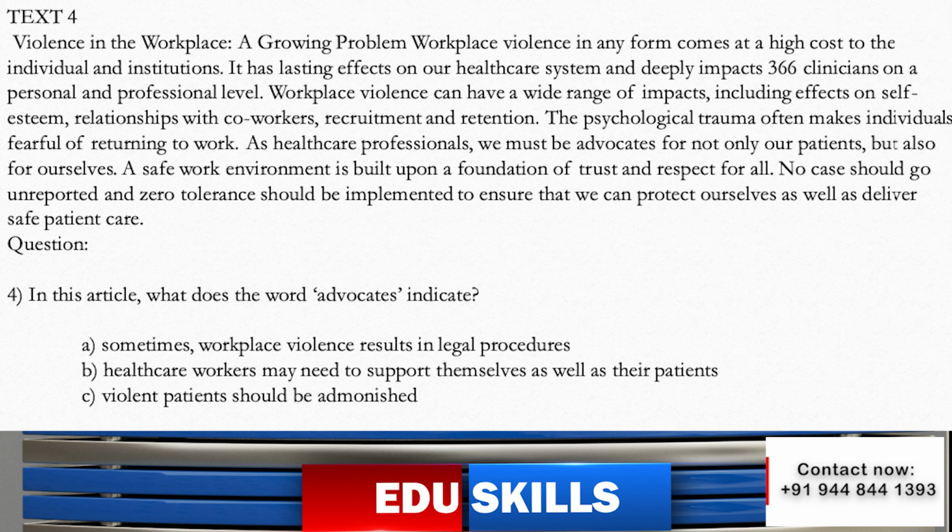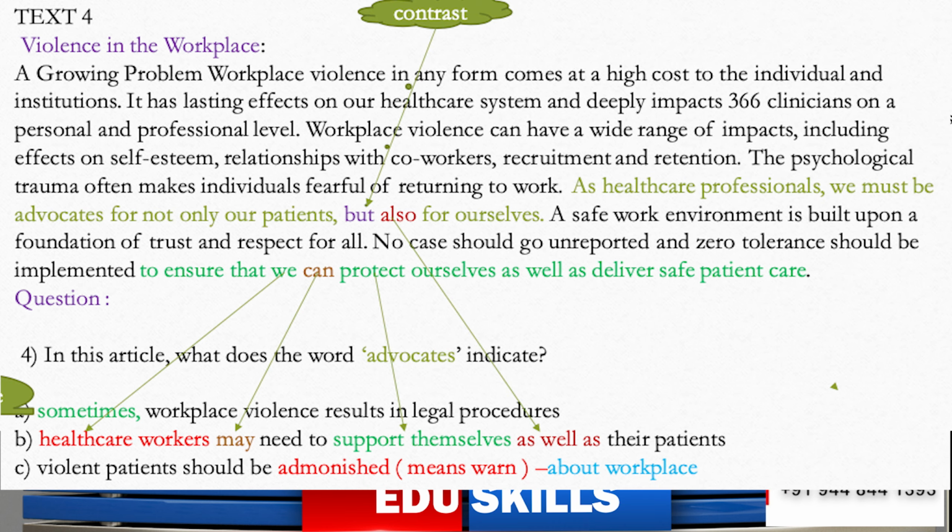Workplace violence can have a wide range of impacts, including effects on self-esteem, relationships with co-workers, recruitment and retention. The psychological trauma often makes individuals fearful of returning to work. So as healthcare professionals, we must be advocates for not only our patients, but also for ourselves.